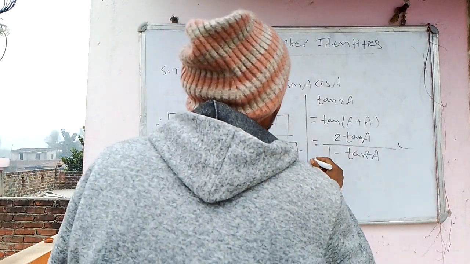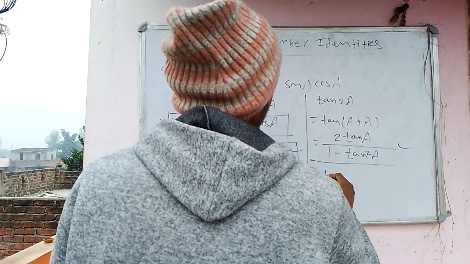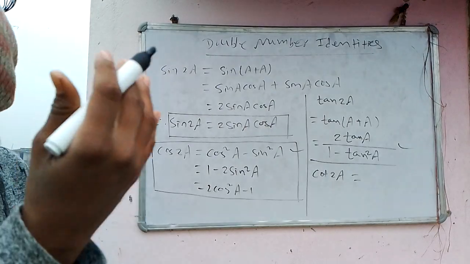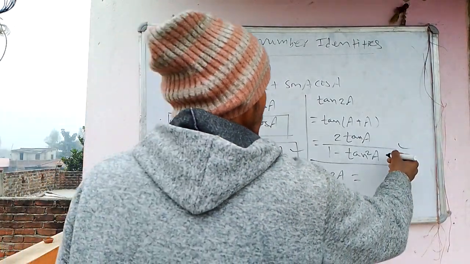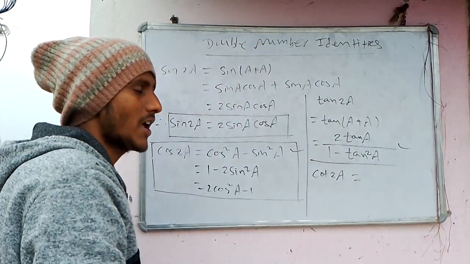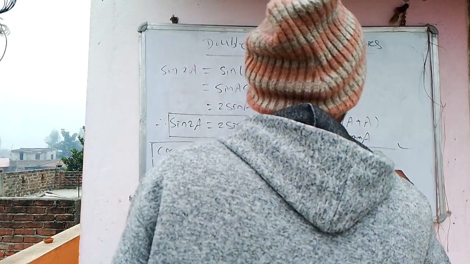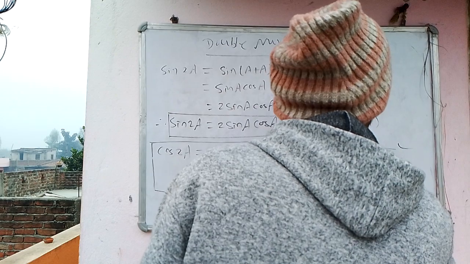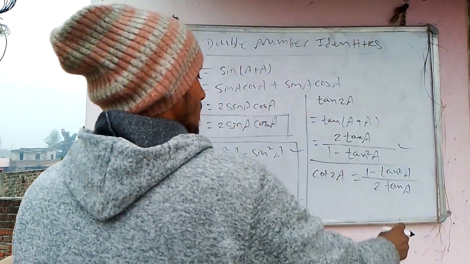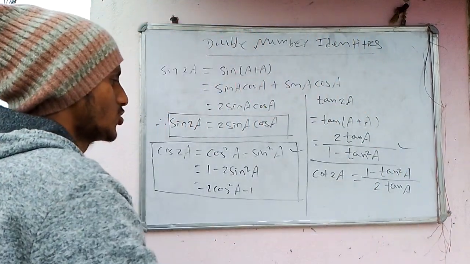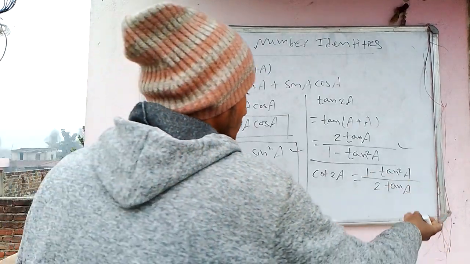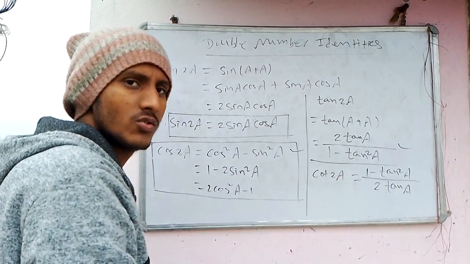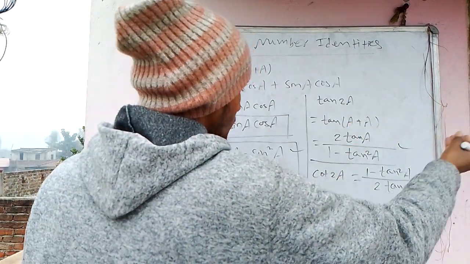Now, if you want to find out what cotangent 2A is, it simply is going to be the reciprocal of tangent 2A, which will be 1 minus tan squared A divided by 2 tan A. If you want to convert this into cotangent form, you can replace tan squared A with 1 over cotangent squared A, and the formula will be in cotangent.